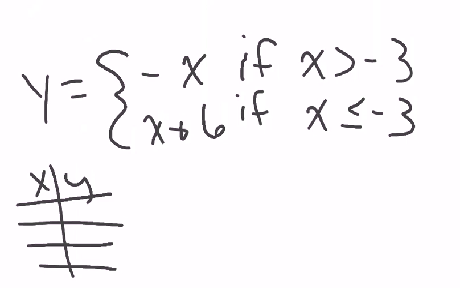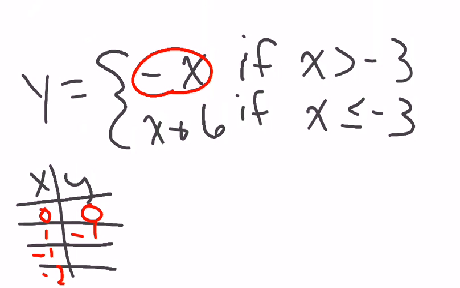So for example, if I want to pick 0, 1, negative 1, negative 2, I'm going to plug them into the top one. So 0, I plug that in, negative 0 is just 0. If I plug in 1, I get negative 1.